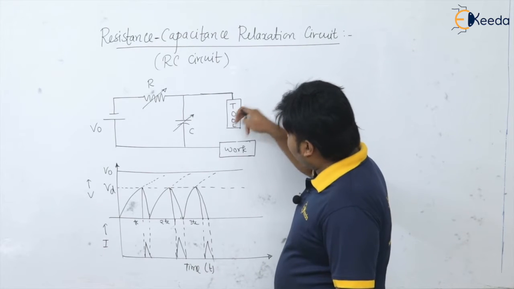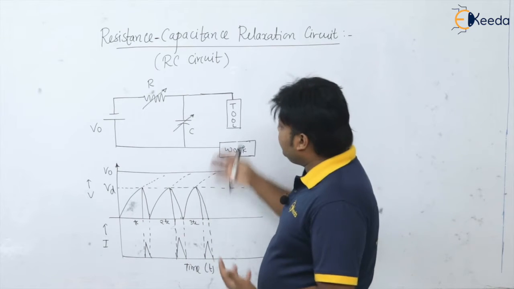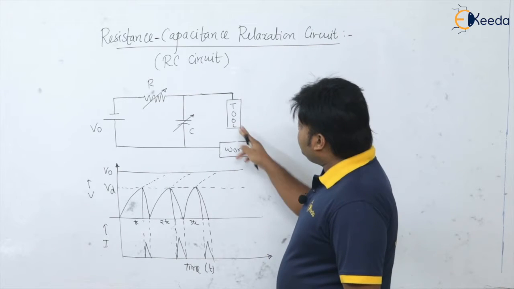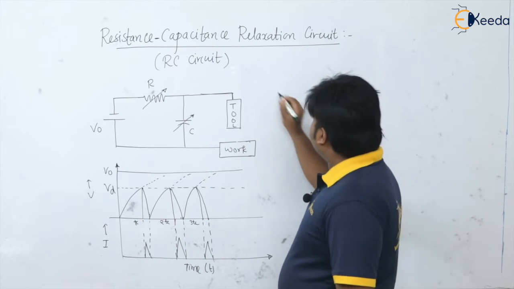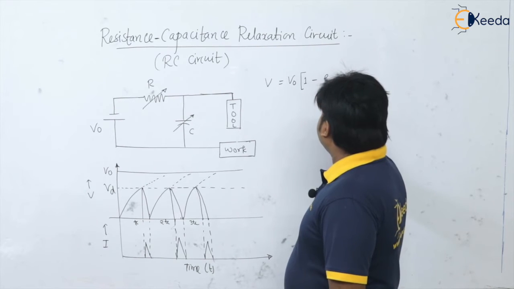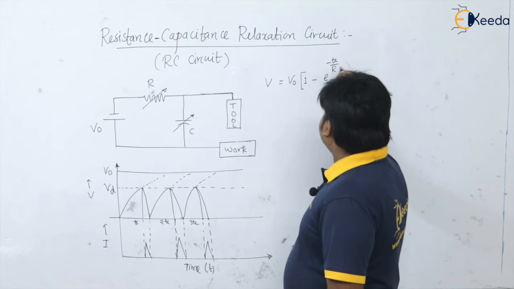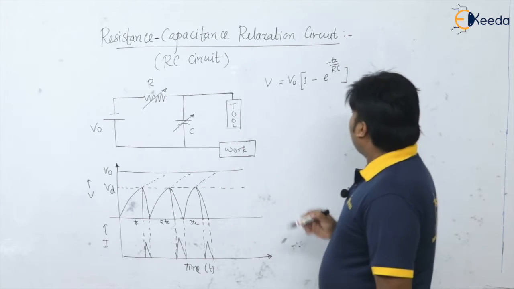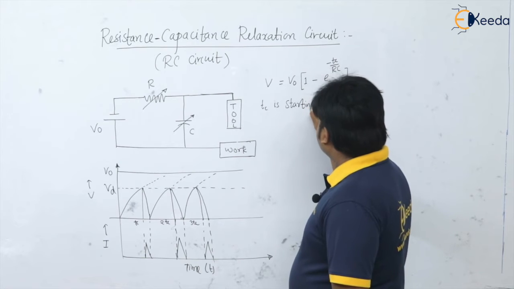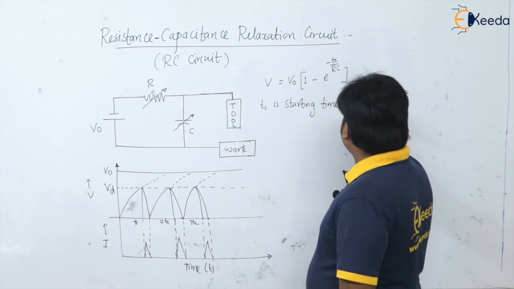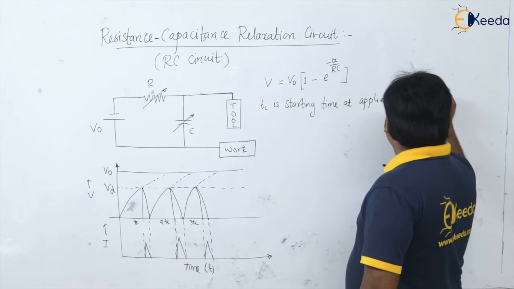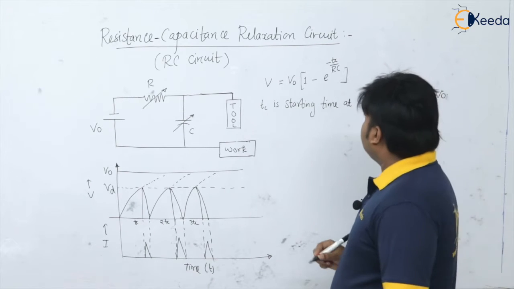The voltage at the gap is the voltage across the capacitor, which is given by the relation V equals VO into bracket 1 minus e to the power minus TC divided by RC, where TC is the time since the voltage VO was applied.